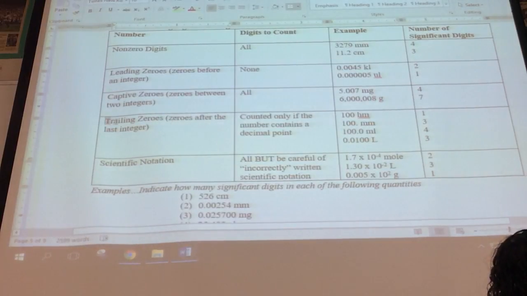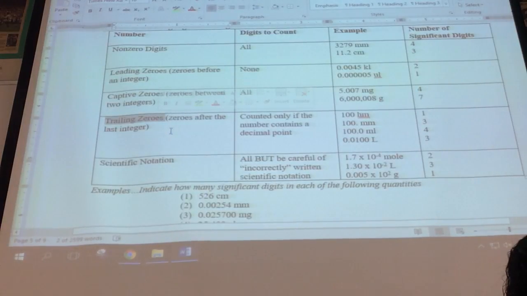Trailing zeros. If you hitch a trailer to your car, does it go in the front of the car or the back? In the back. Trailing zeros come after an integer. They are only counted if the number or quantity contains a decimal point anywhere in the quantity.